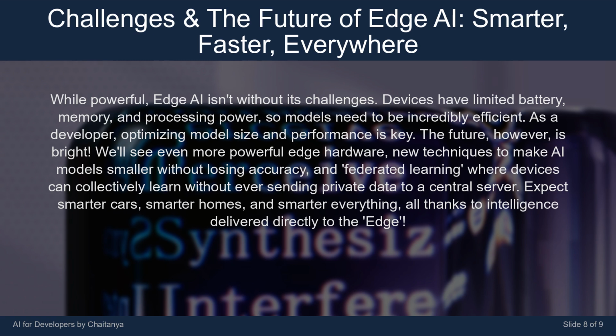We'll see even more powerful edge hardware, new techniques to make AI models smaller without losing accuracy, and federated learning, where devices can collectively learn without ever sending private data to a central server. Expect smarter cars, smarter homes, and smarter everything, all thanks to intelligence delivered directly to the edge.